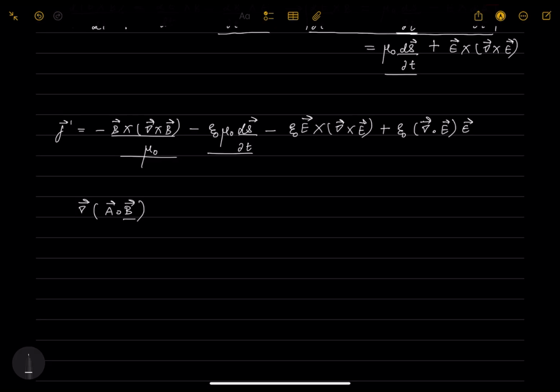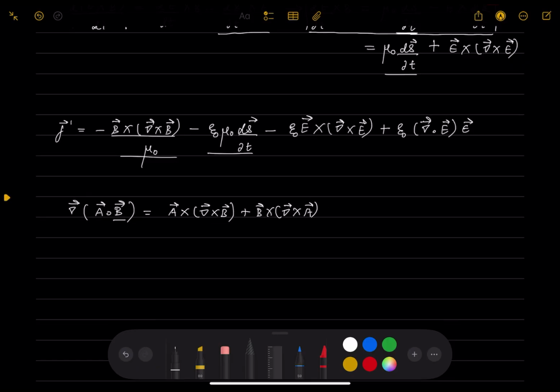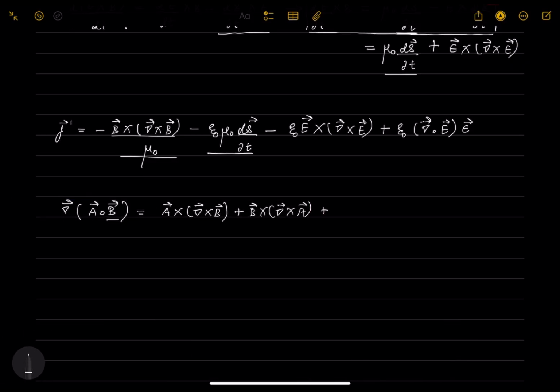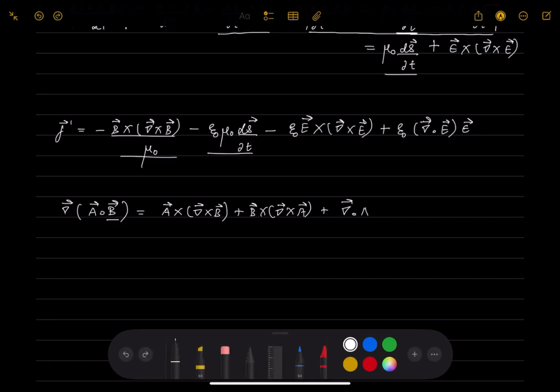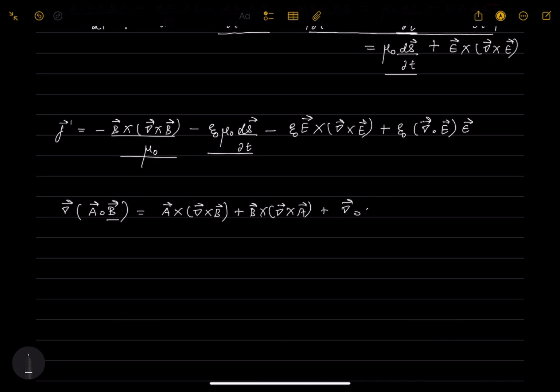The gradient of A dot B is going to be given by A cross the curl of B plus B cross the curl of A, next thing being A dot del times B plus B dot del times A. This is one of the hardest product rules that I find quite hard to remember, but it's not that hard once you get a grip on it.